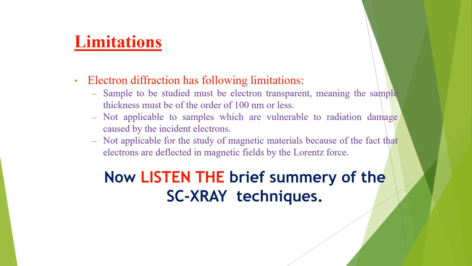And if these scattered waves superimpose and the waves are in phase, the interference is constructive, and if out of phase, then destructive interference occurs. Diffraction, according to Bragg's equation, has been visualized as a reflection from a set of planes with interplanar spacing d.